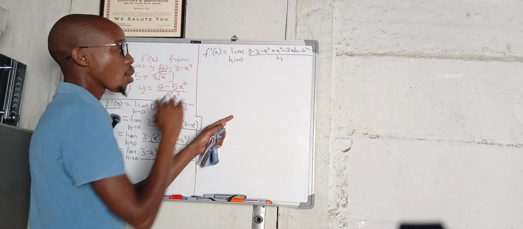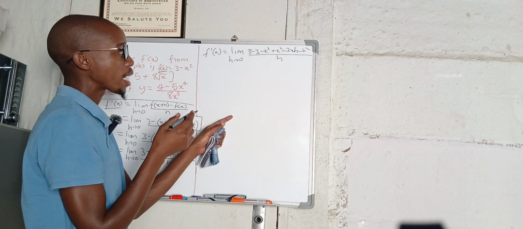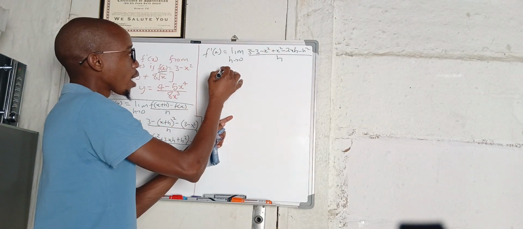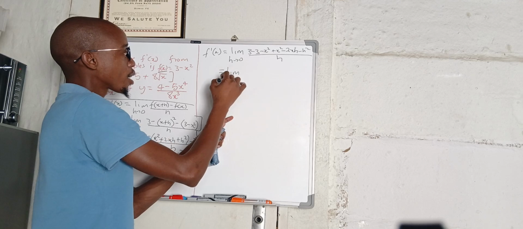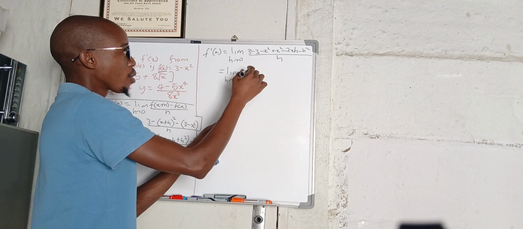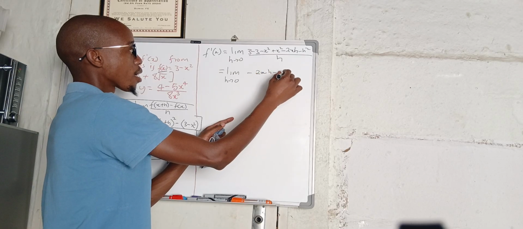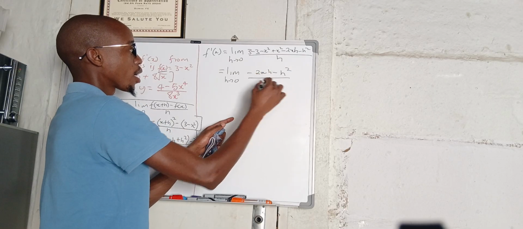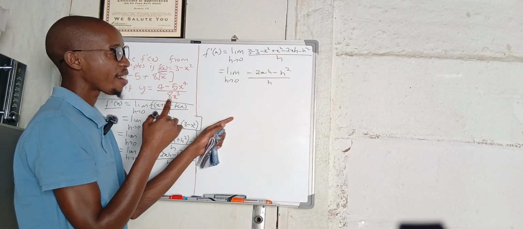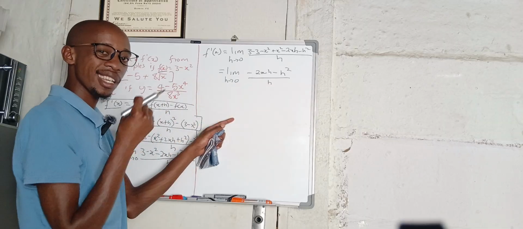Now, these two are going to disappear. The 3 and the x squared are going to disappear. I'll end up having limit as h approaches 0 of minus 2xh minus h squared all over h. As you can see on top there, I have an h, which is a common factor, so I can take it out.